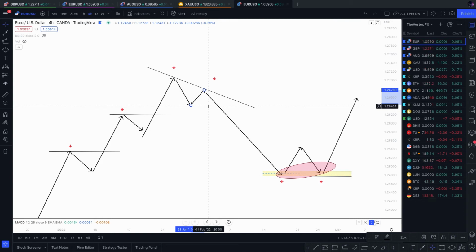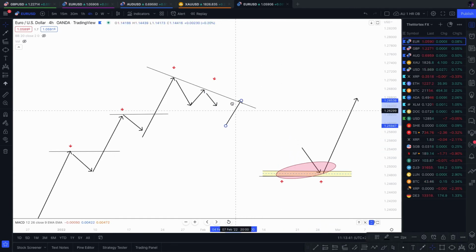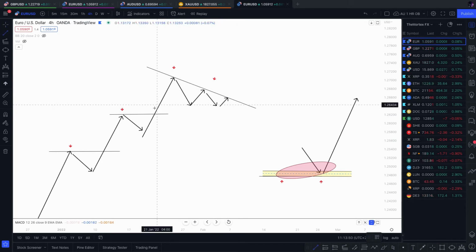I wouldn't trade it as such because price could technically then bounce between these zones right here, right? And could then form what could be a descending triangle, which is something else. And now we have the possibility of other patterns forming. You see, check this out. We could have a pennant, right? Something like that.